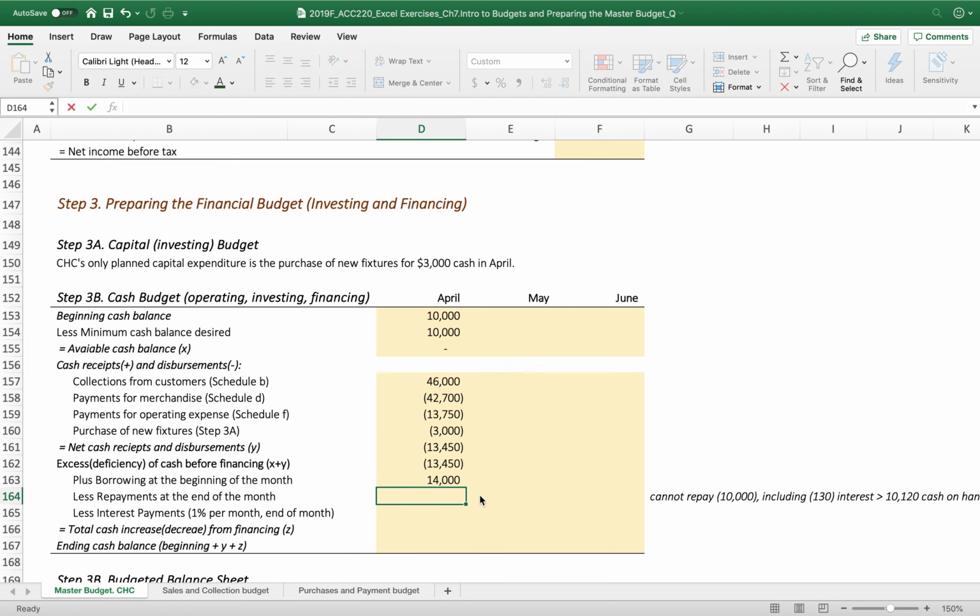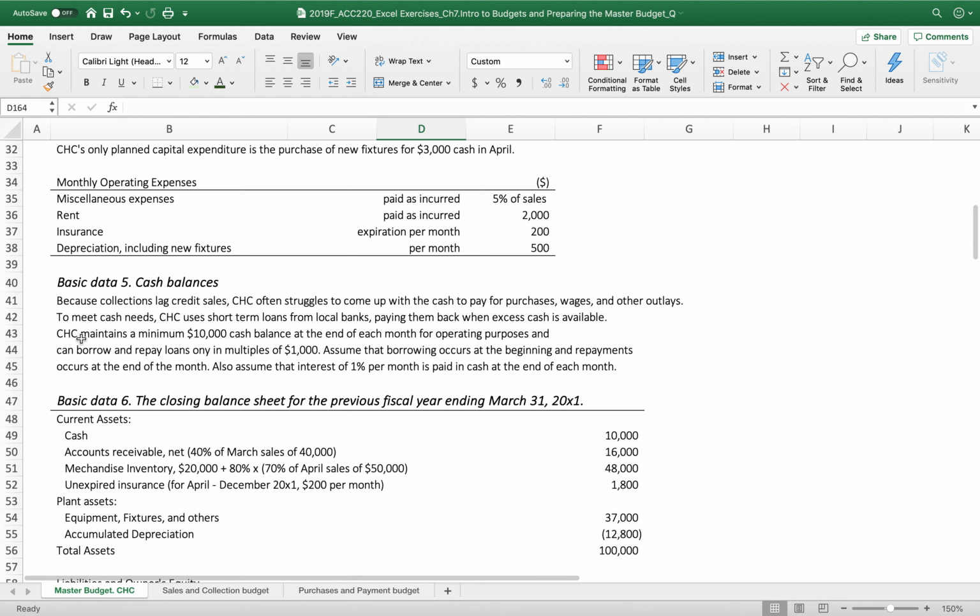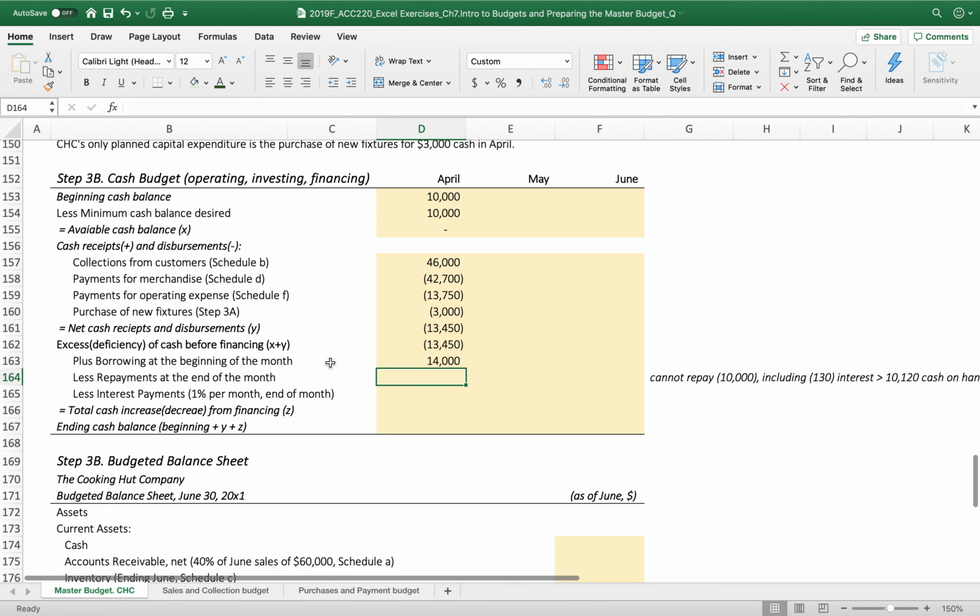Why 14,000? In the basic data, as we read, CHC maintains a minimum of $10,000, and they can borrow and repay loans only in multiples of $1,000. So in order to cover this 13,450 deficiency, CHC may borrow $14,000 from the bank at the beginning of the month, right?